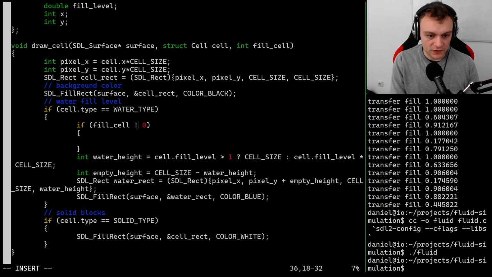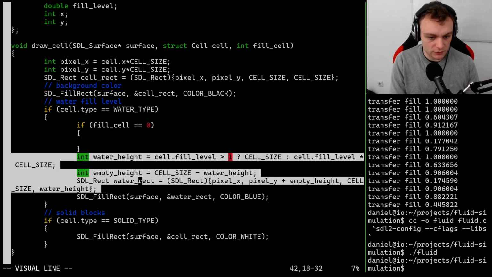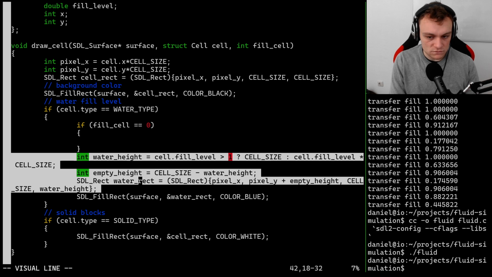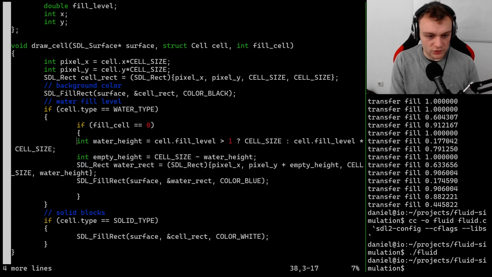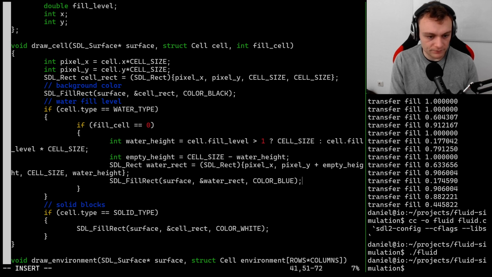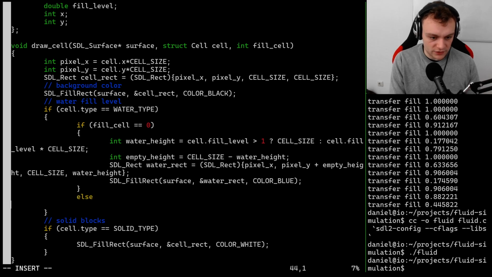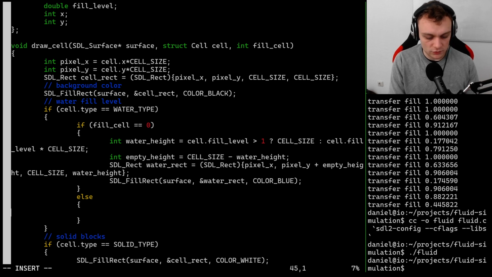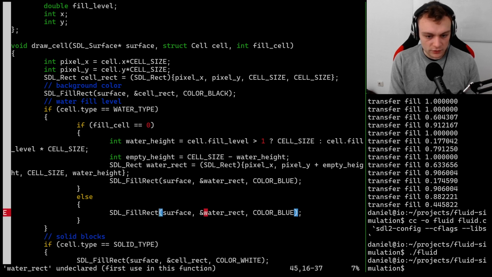Or let's do this. If the fill cell value is 0, we don't fill the cell completely, and we follow the old logic here, but if fill cell is 1 or any other value that is not 0, then we call fill rectangle on the cell rectangle, which is the entire cell.